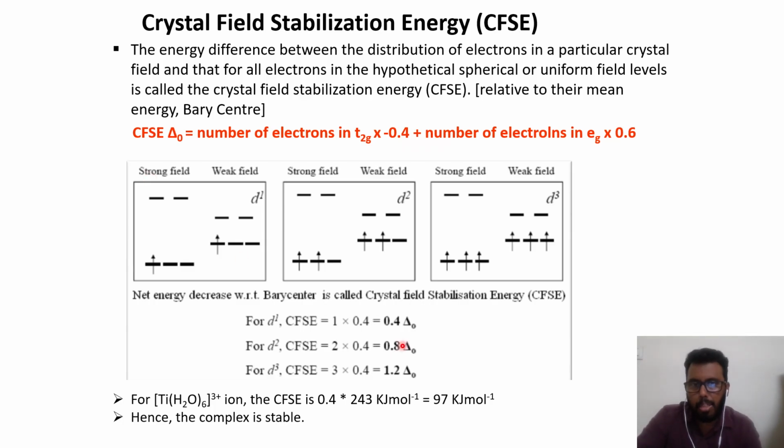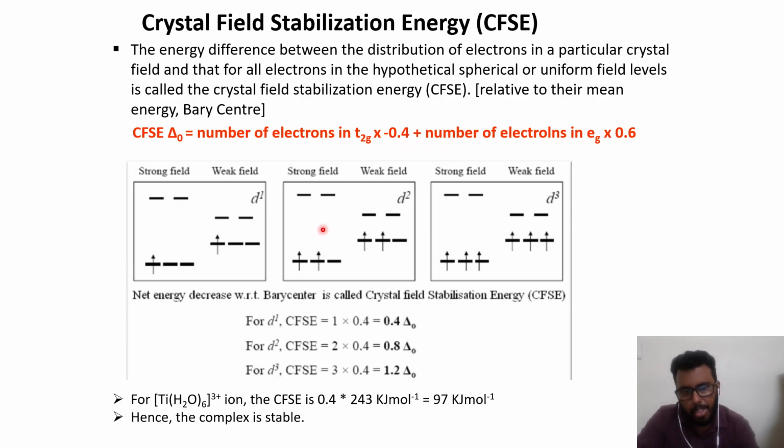It is nothing but the energy difference between the distribution of electrons in a particular crystal field, and that for all the electrons in the hypothetical spherical or uniform field level. With respect to the barycenter, that is called crystal field stabilization energy. You take the barycenter as the relative or mean position from which you calculate this.